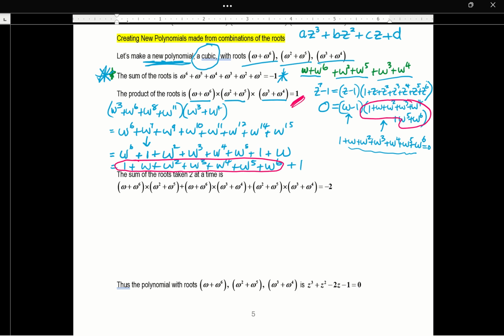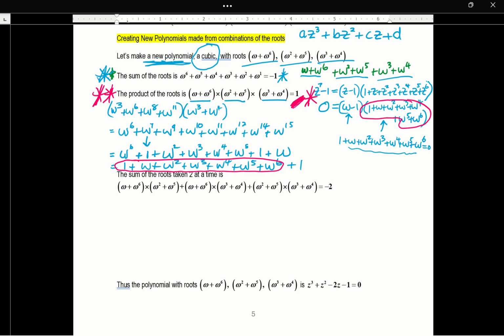So the product of the roots, as we said before, is equal to 1. The sum of the roots was equal to minus 1. The product of the roots, which is the sum of the roots taken 3 at a time, but there's only one way to take 3 at a time, is 1.